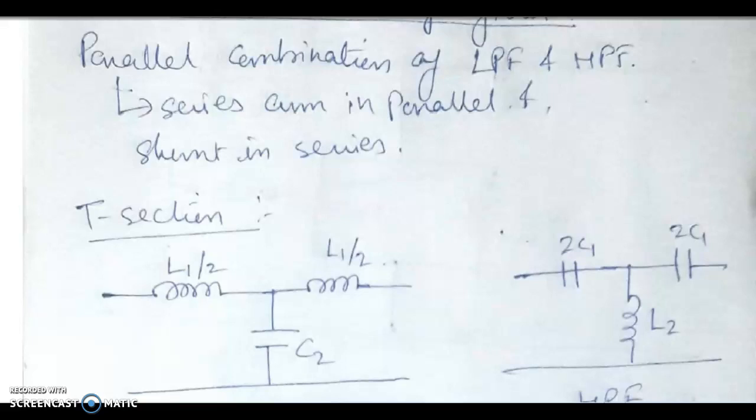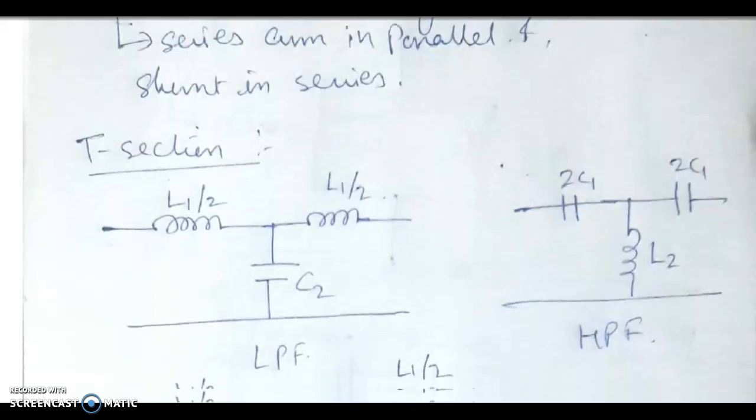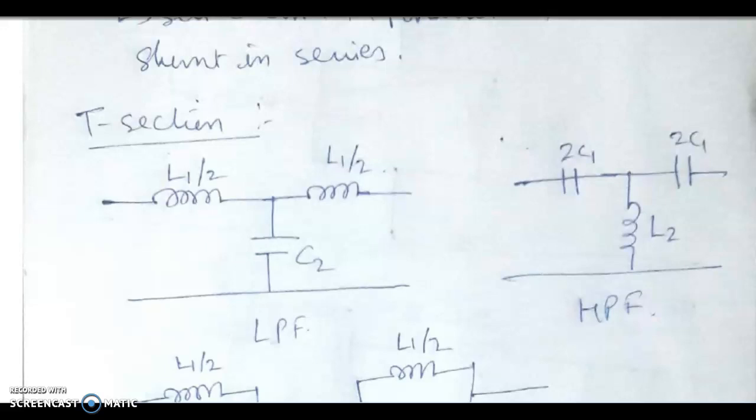So in case of low pass filter, the T network is like this. In case of high pass filter, the T network is like this. So when we connect them in parallel, band stop filter is the parallel combination of low pass and high pass filter. So when we connect them in parallel, series arm will get connected in parallel and shunt will get connected in series.